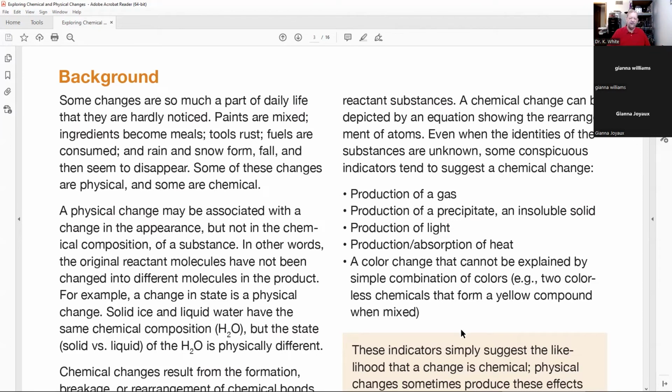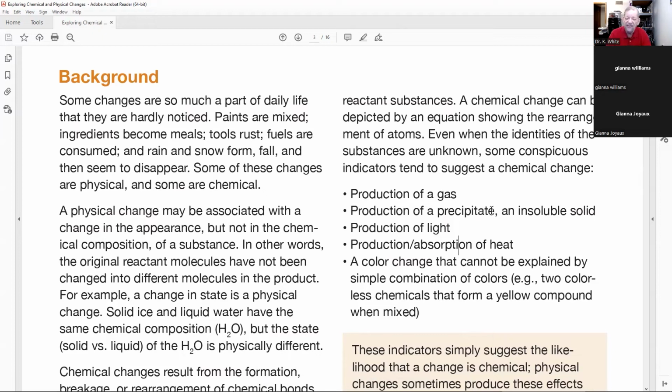So let's go through. You're going to be mixing things together today. And if it produces a gas, bubbles, you will have a chemical reaction. If you produce a precipitate, that means a solid inside of a liquid, you will have a chemical reaction occurring. If you have light form, that's only for the candle. Oh, I gave it away.